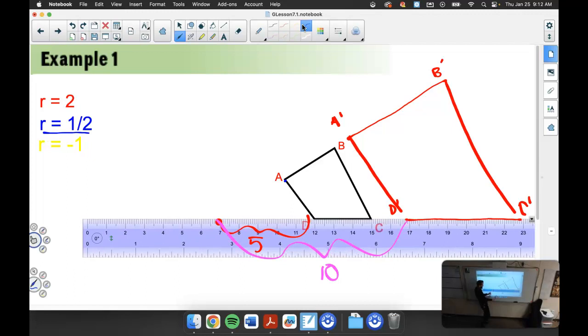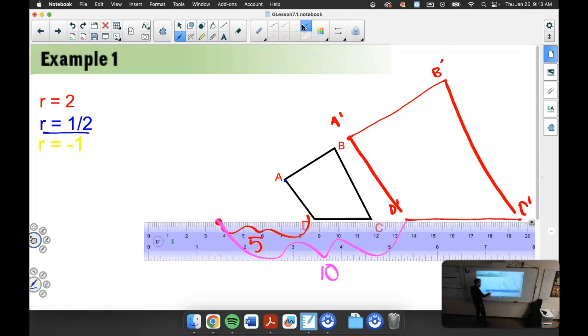So this distance from this dot to C was 8 spaces. That goes 7 to 15. Is everybody okay? 15 minus 7 is 8. So if you double 8, what do you get? 16. What is 7? Because that's where I'm starting, is at 7 plus 16. Well, that's 23. Okay, that's why I'm using the weird numbers, because I was just trying to show you with the ruler you had on your paper.